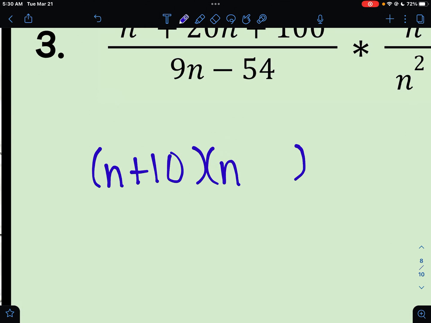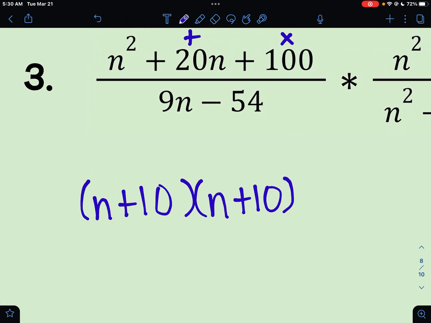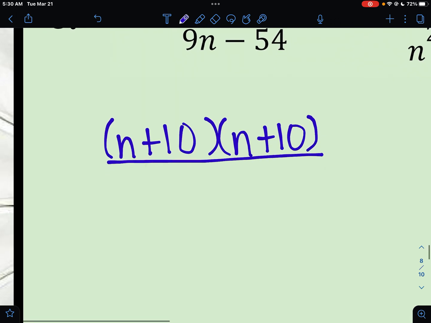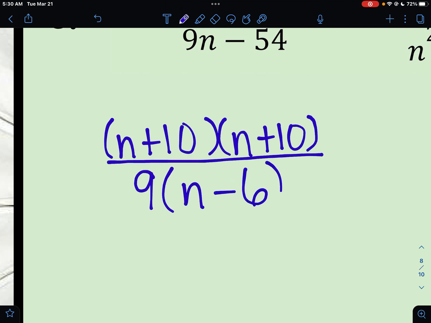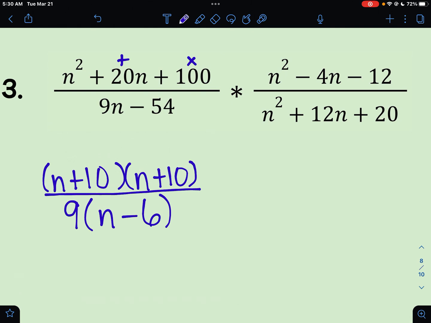N plus 10, N plus 10. 10 plus 10 is 20. 10 times 10 is 100. Okay, good. Got that one. Now I'm going to look at the denominator. And I see that they have a 9 in common. So I'm going to divide out a 9. And I'm left inside with n minus 6.